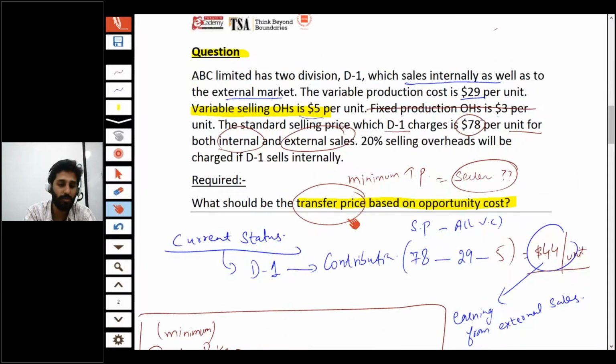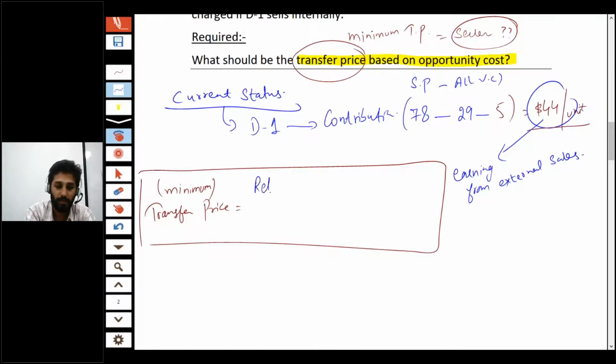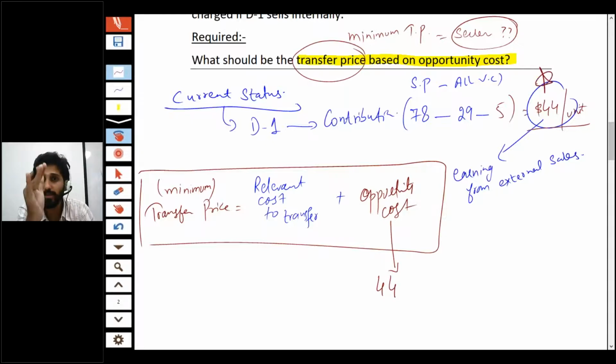That is the relevant cost to transfer, plus opportunity cost. And the opportunity cost is 44.